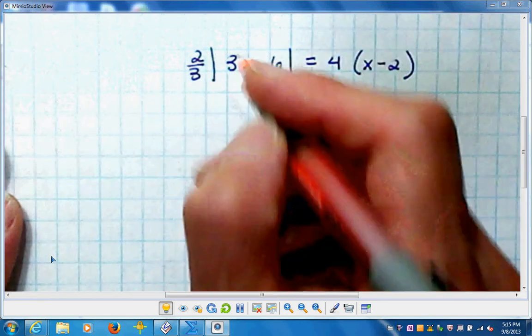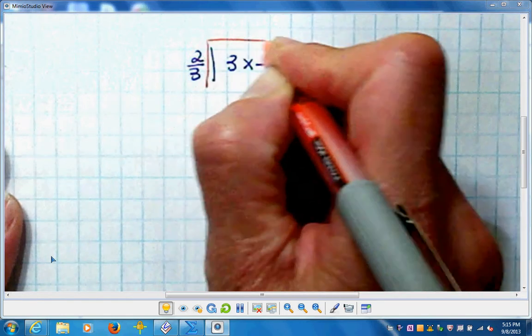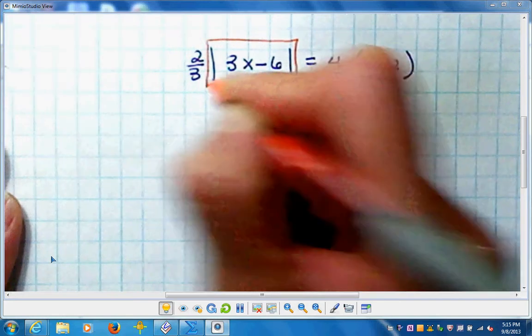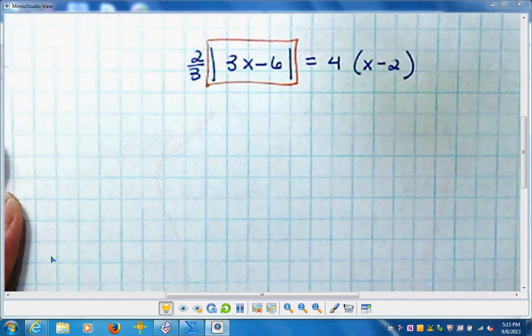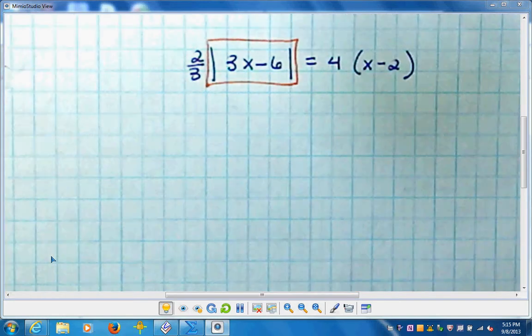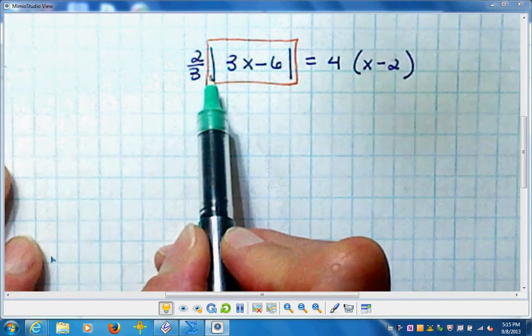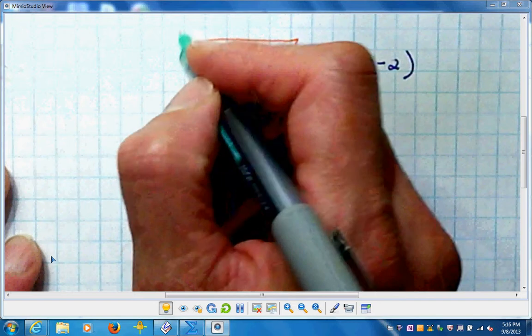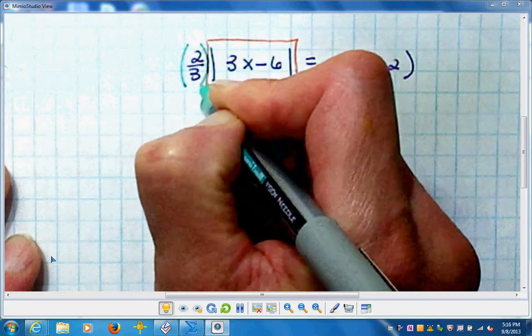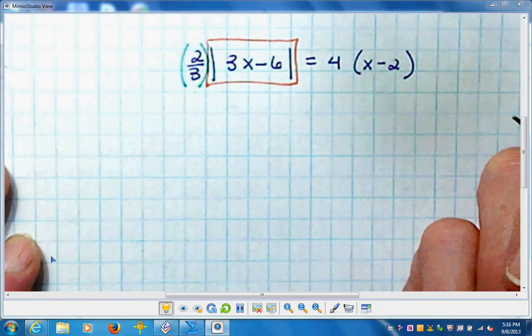So we want our absolute value to be by itself before we can set up branch 1 and branch 2, which means that we have to get that 2/3 out of there. Now 2/3 is being multiplied, so I want that 2/3 to equal 1.